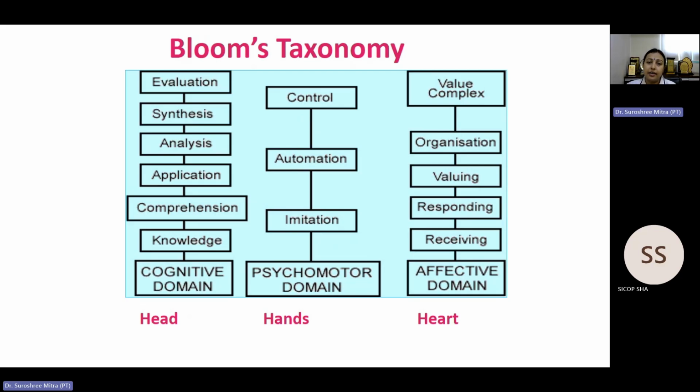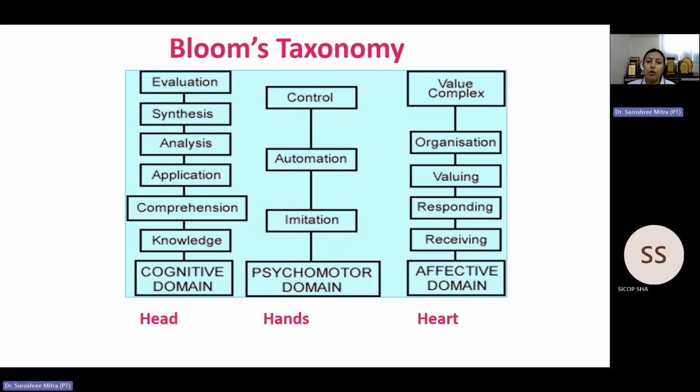We should understand that whenever we start teaching and when we expect learning from our students, knowledge is always the primary base. It is the primary foundation. So that's why the domain of head, or the cognitive domain, has a very important place. Here, as you can see, there are 6 subdomains or 6 levels under the cognitive domain.